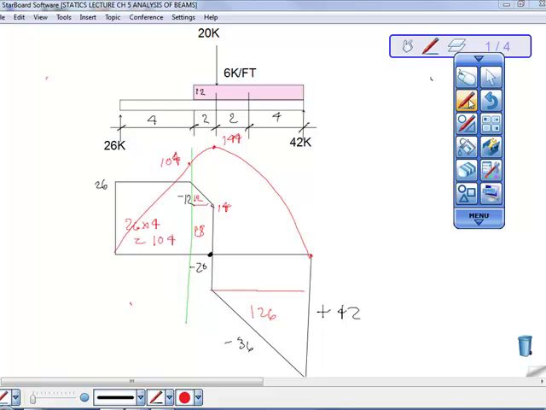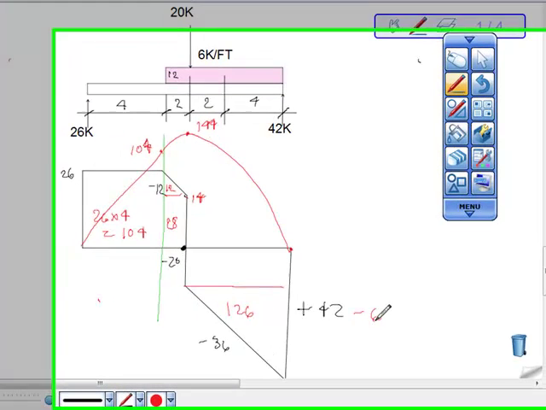We have to take off those 6 inches. So right here where you have a 42, it would be 42 minus 6.